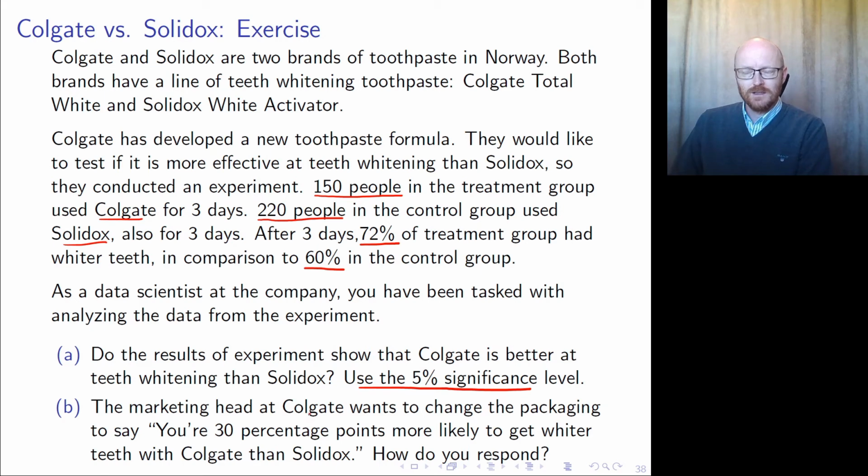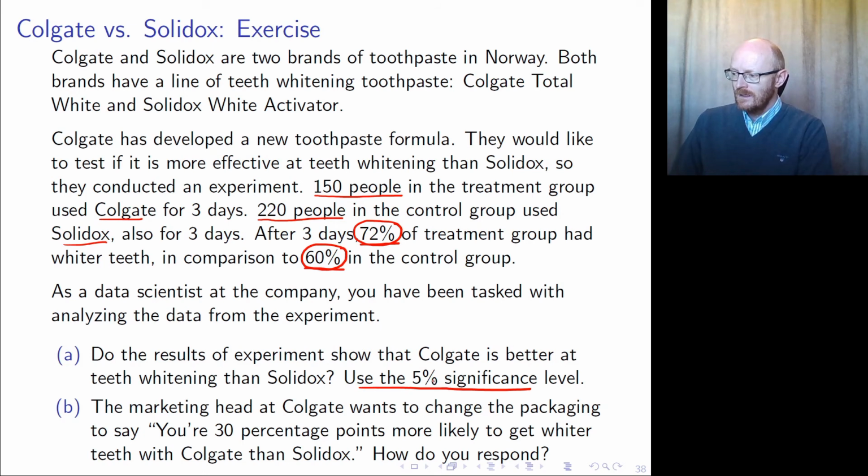What we have is that the success rate is different in these two samples, and it's statistically significant at the 5% level.